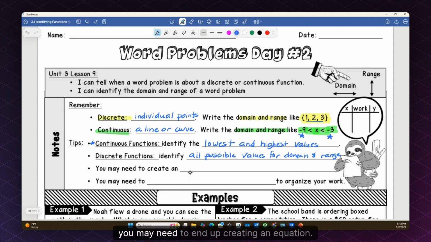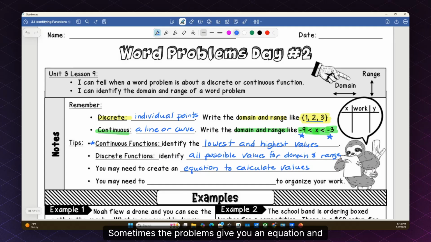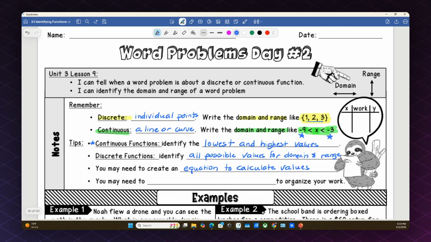You may need to end up creating an equation to calculate your values. Sometimes the problems give you an equation, and sometimes you need to create it based on the words in the problem.